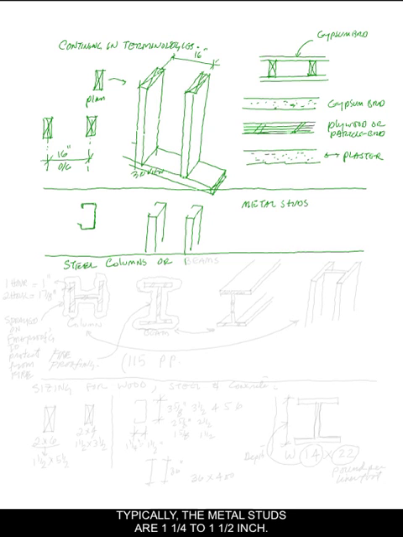Typically, the metal studs are 1.25 to 1.5 inch, and then this dimension changes from 3 5/8, 3.5, 4, 5, 6. You have 2 5/8, 2.5. You have 1 5/8, 1.5, etc. And that would be the dimensions for the studs.